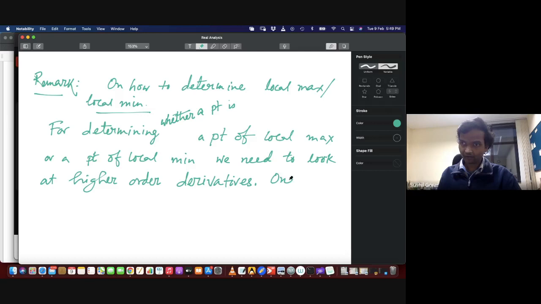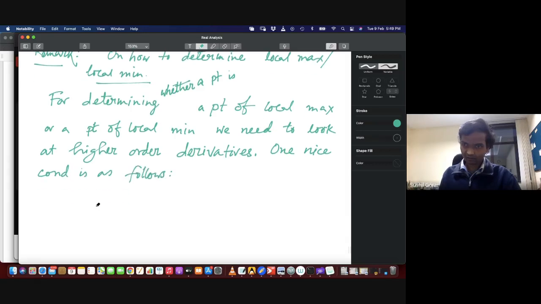One nice condition is as follows. f prime c equal to 0 and f double prime c greater than 0 implies c is a point of local min.